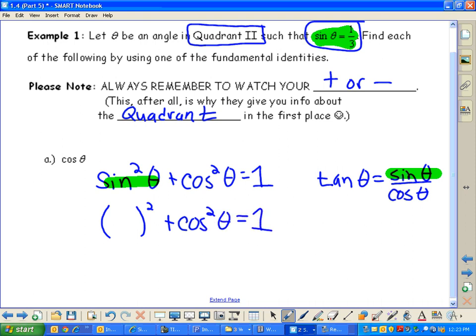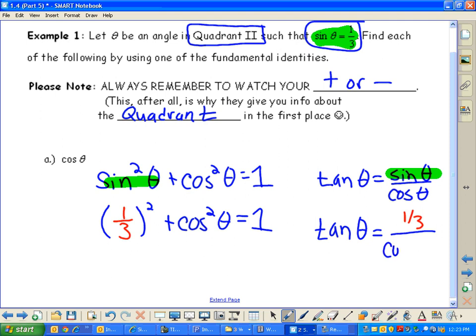I'm going to plug in my sine value. And in addition, I'm also going to try to use the one Scout mentioned. So I'm going to do 1/3 divided by cosine.